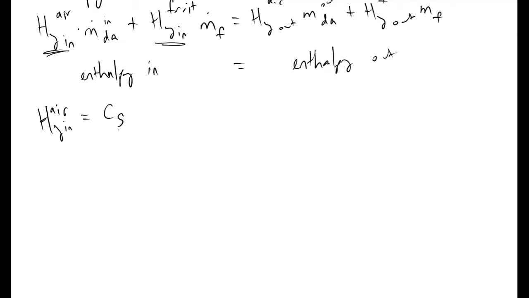This is on a per mass basis, and this is a function of humidity, times some temperature in of our air, minus a reference temperature, which I will call 0 degrees C for the sake of simplicity. And so as long as we keep our reference temperature of 0 degrees C the same throughout our problem, we won't have any issues.